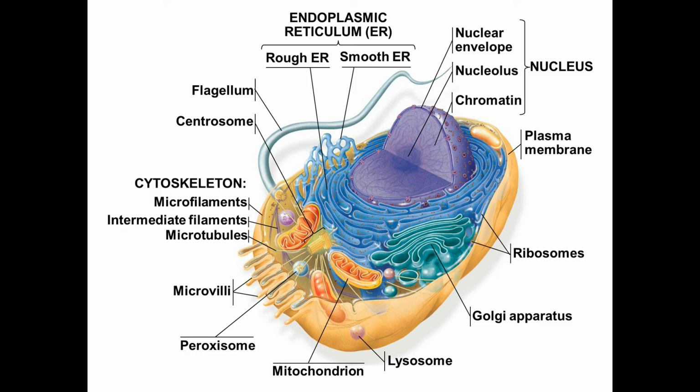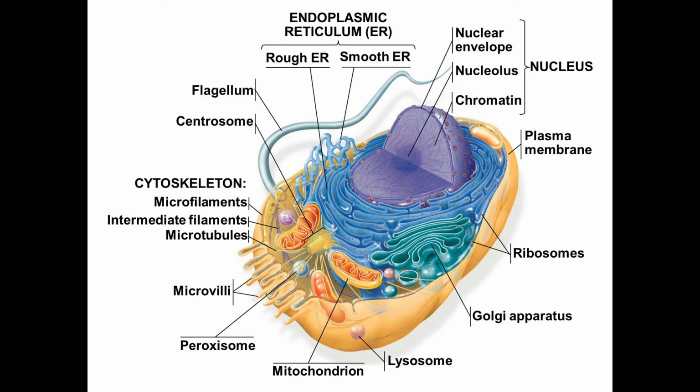Looking at the features of an animal cell, you want to familiarize yourself with this. You want to be able to identify these structures, where they're located, and what they do. Here you can see the cell membrane. You can see components like mitochondria, endoplasmic reticulum, and Golgi bodies.